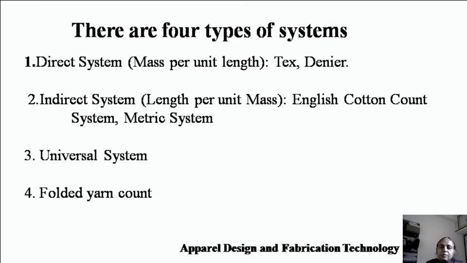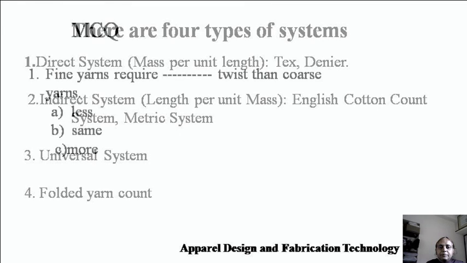The calculation will be length per unit mass. In that also, English cotton count, metric systems, many systems are used. The third one is the universal system, and the fourth one is the folded yarn count. These are the systems used for the calculation of the yarn count: direct system, indirect system, universal system, and folded yarn count.